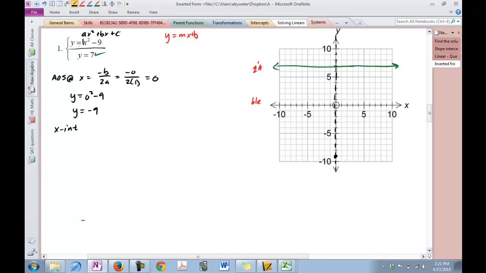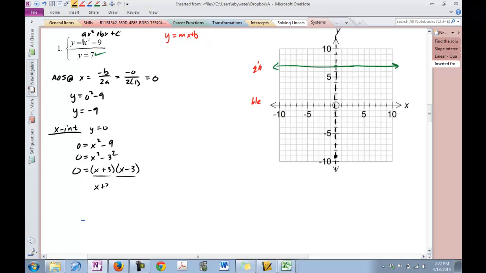So to get the x-intercept, I'm going to make y equal to 0. That's how I get an x-intercept. So I go 0 equals x squared minus 9. And we notice that this is the difference of squares. So it's x squared minus 3 squared. So that will factor to x plus 3, x minus 3, still equal to 0, of course. Now I've got two things that multiply together to give me 0.